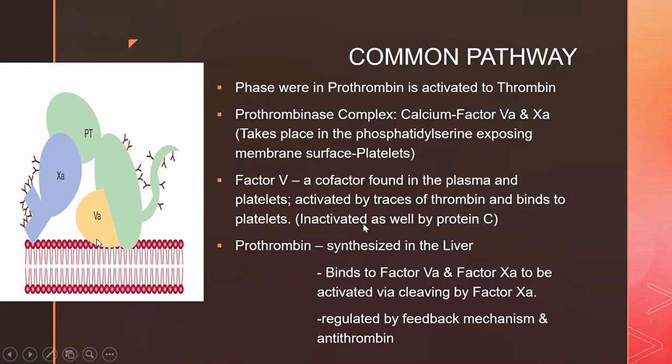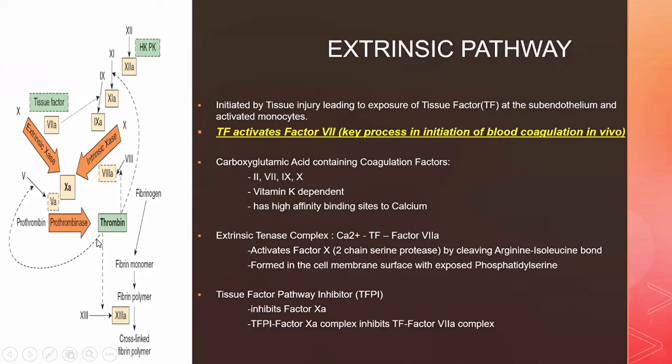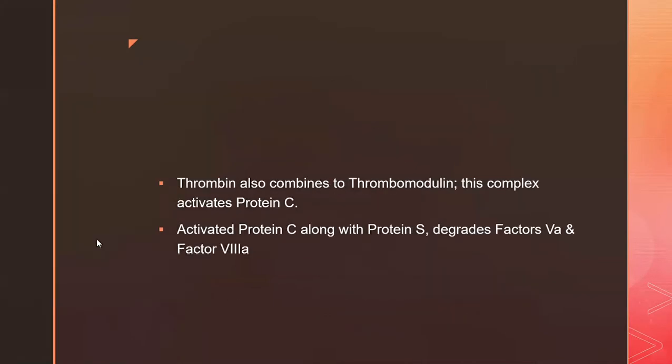Factor 5 is inhibited by protein C. Factor 8A is inhibited by protein C. So protein C has many functions in inhibiting the coagulation pathway. It degrades factor 5A and factor 8A.